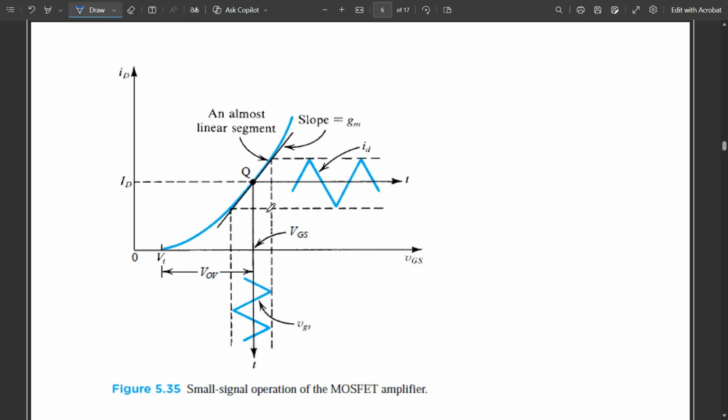This is the plot for VT, and these are the different biasing points. With respect to those points, the graphs are shown here, with respect to the slope, the threshold voltage, and this is the overdrive voltage area, and this is the VGS voltage with respect to the ID versus VGS plot.